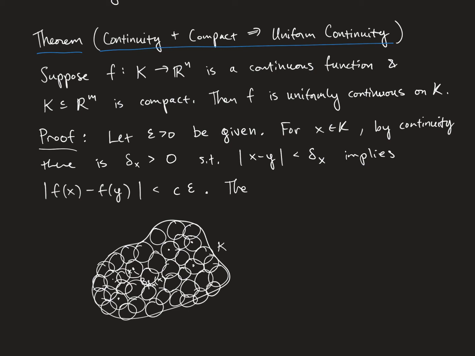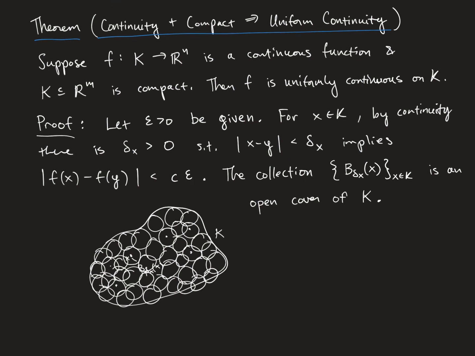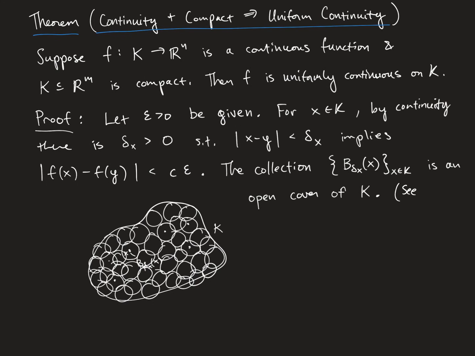Okay, so in particular, I have a cover of K. The collection of open sets, well, I don't need to say open right now. So the collection B sub delta x, x, where x is in K, is clearly an open cover of K. And so you can see the figure.